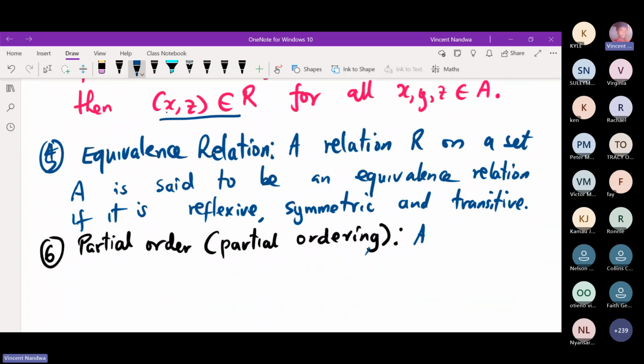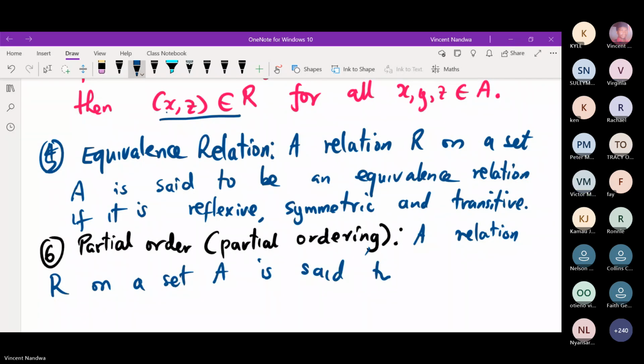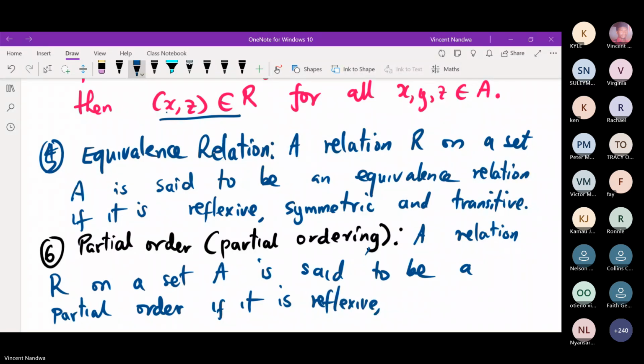So a relation R on a set A is said to be a partial order if it is reflexive, antisymmetric, and transitive.